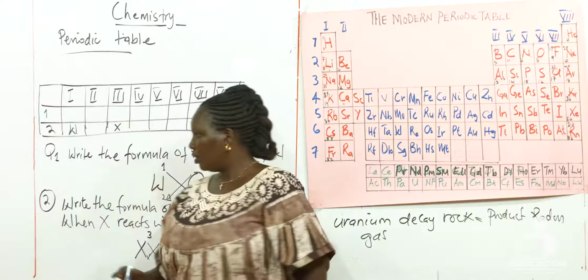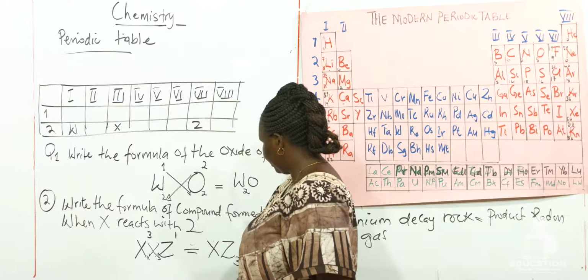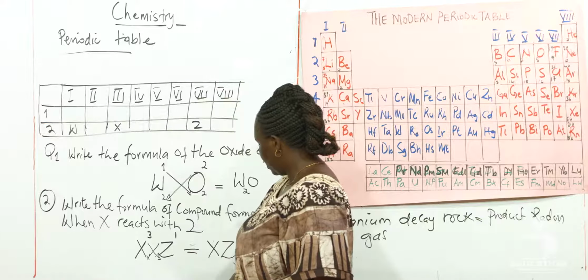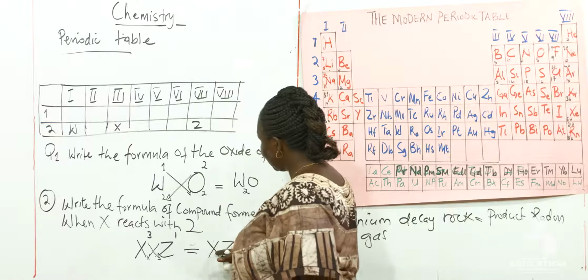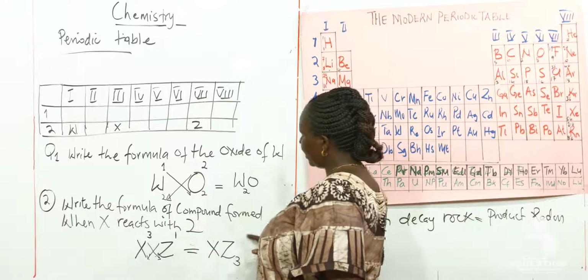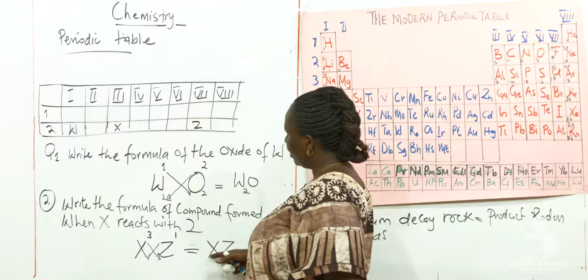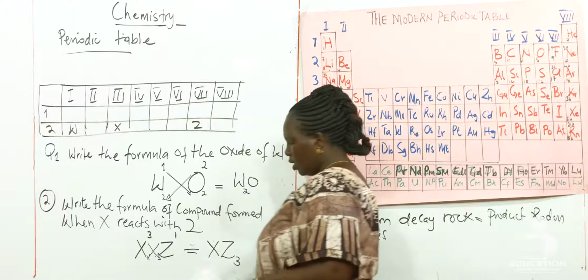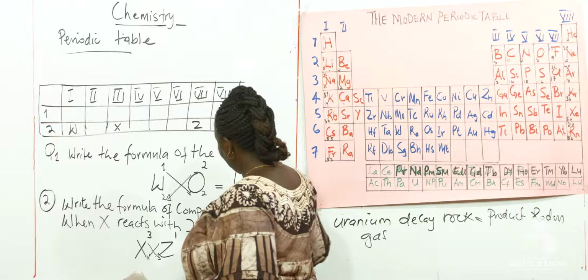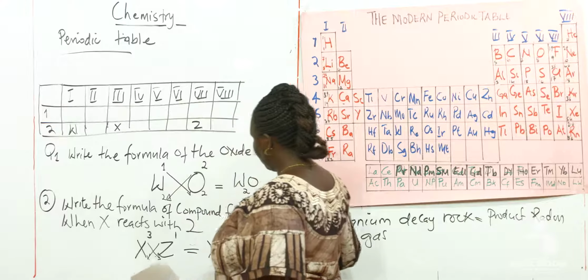This is the compound that will be formed between X and Z. So for X to react with Z, we need 3 atoms of Z that will combine with only 1 atom of X. And X is losing 3 electrons. So these 3 electrons will be distributed to the 3 atoms of Z.